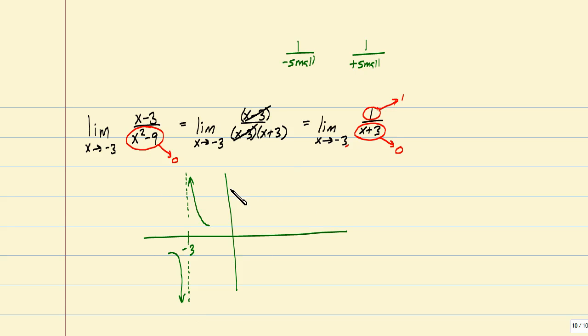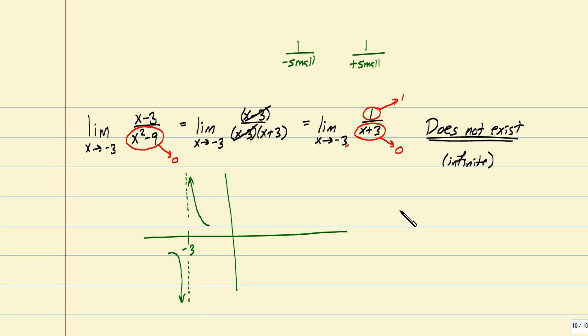Okay, so it should be clear from the graph, or from this calculation up here, that this limit certainly does not exist. Infinite limits are certainly involved, as the function flies off to both positive infinity on the right and negative infinity on the left.